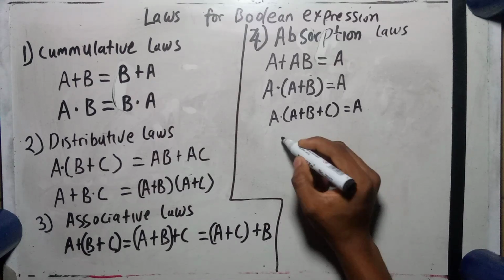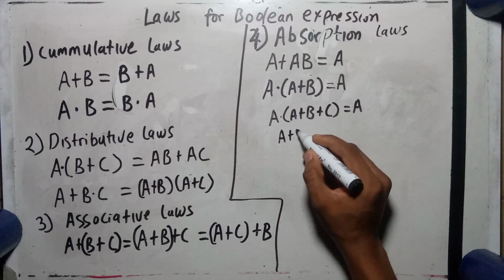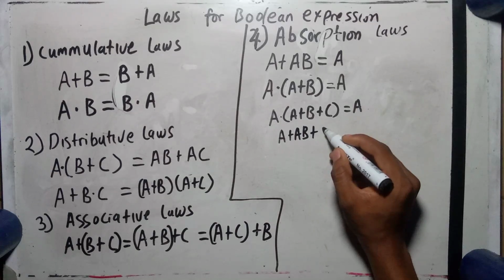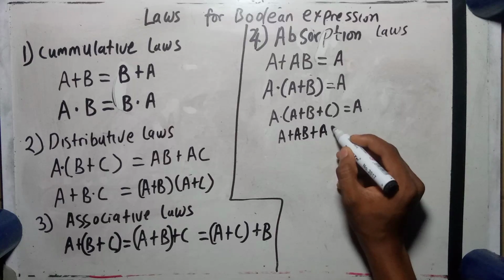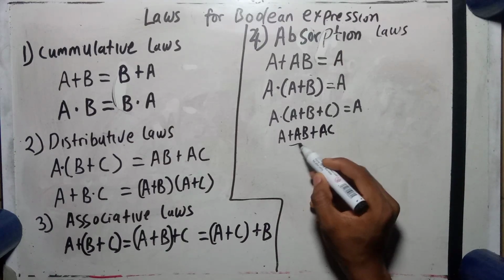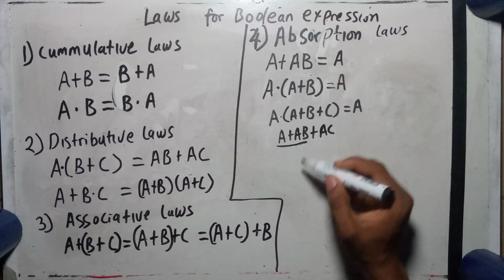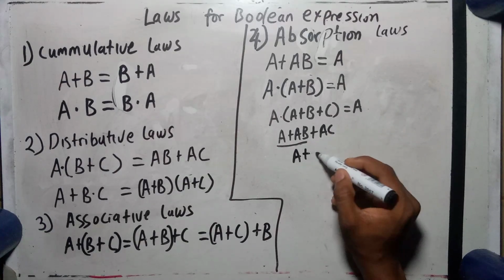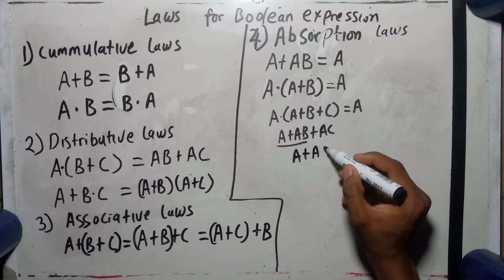Let's check to see if it still gives us A. If we open this, we're going to have A plus AB plus AC, right? Now we know from this law that this is A. So we have A plus AC.